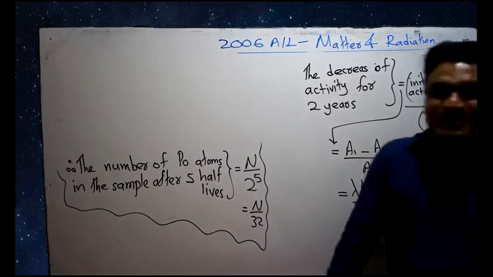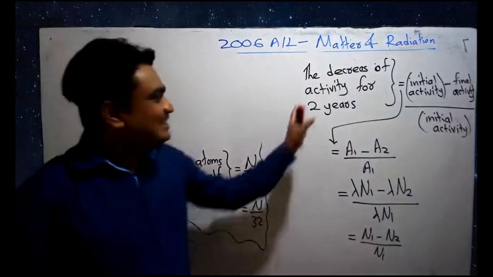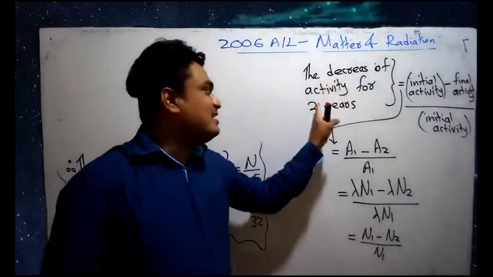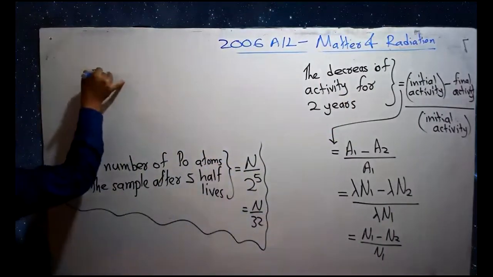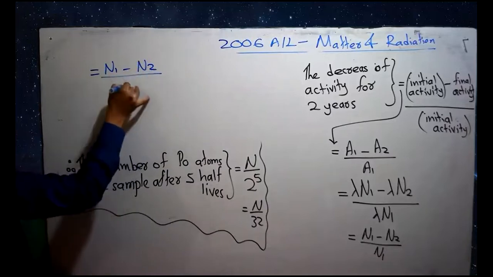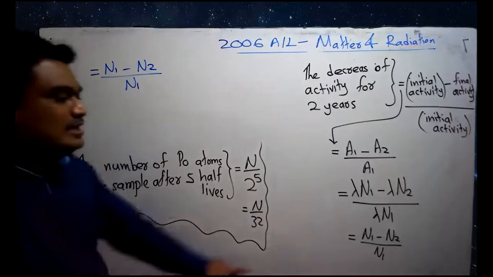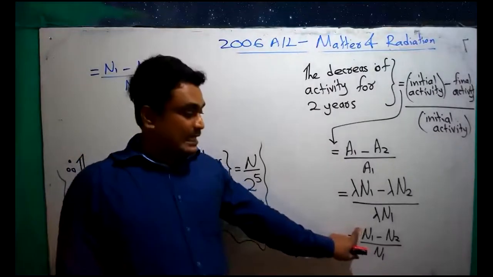Who has simplified this, dear? Anybody in the class? The 0.96. Fractional decrease of activity for 2 years equals N1 minus N2 divided by N1. N1 is the number of polonium atoms in the sample at the beginning.